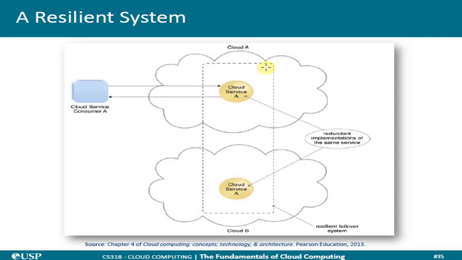So, this was available in Cloud A. However, this is available in Cloud B as like a backup, right? So, this is the resilient failover system. If Cloud Service A goes down for whatever reason, the cloud service consumer A can easily just switch to the redundant implementation that was already there. They may or may not know that they have actually switched.